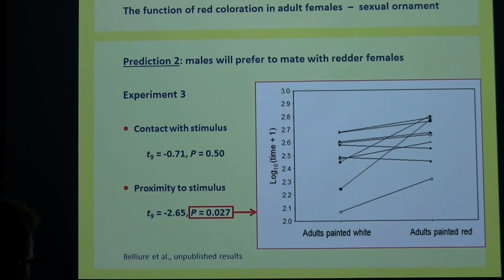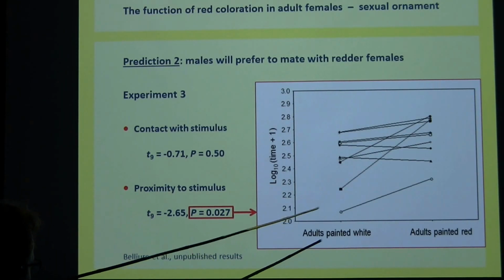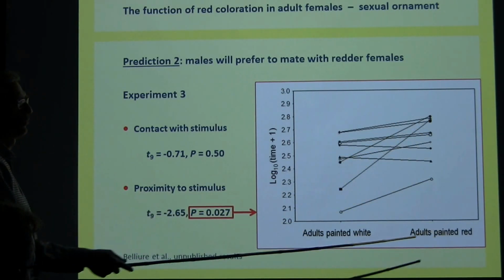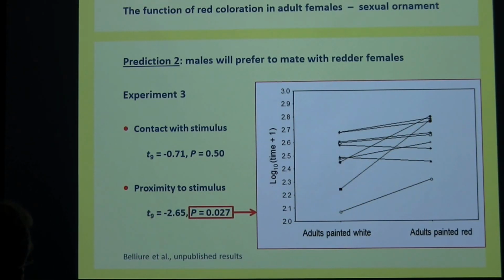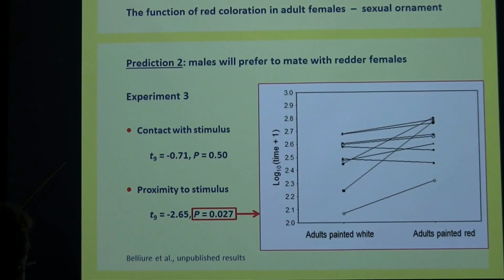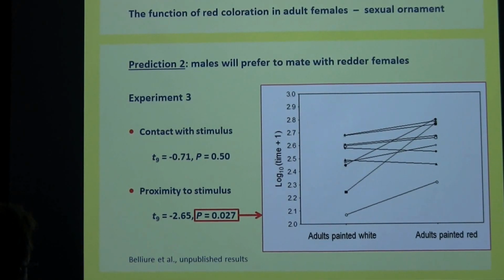In experiment 3, males spent more time close to adult females painted red. When males were offered 2 adult females, they spent more time with the red one. So they probably prefer the red over the white female, and that is a result consistent with our prediction.